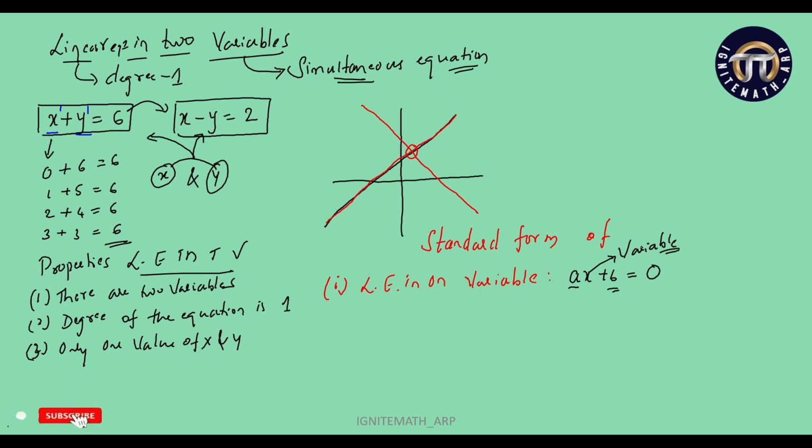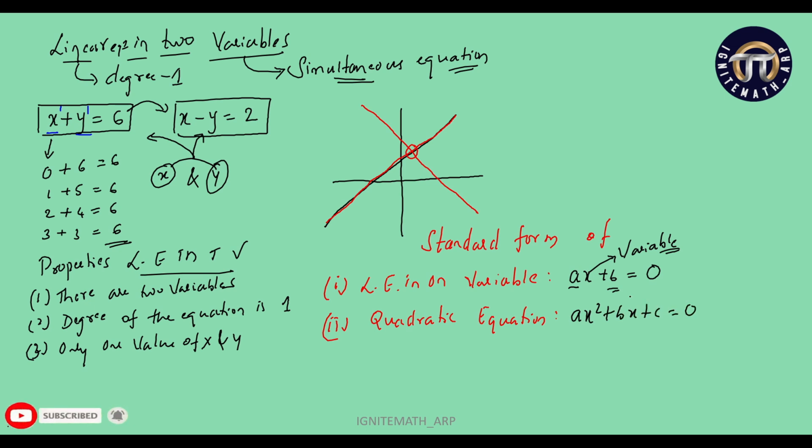When I am speaking about quadratic equations, what is the standard form? It is ax square plus bx plus c equal to 0. Again over here a, b and c are real numbers, and x is the variable.